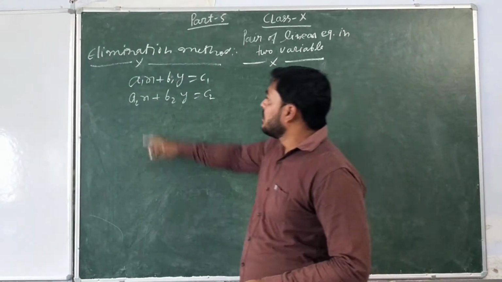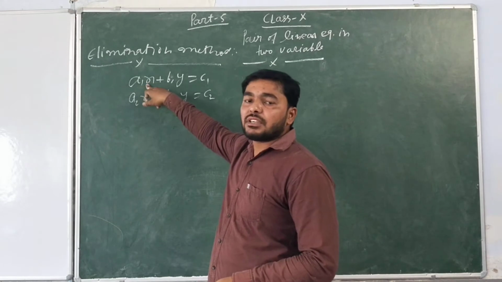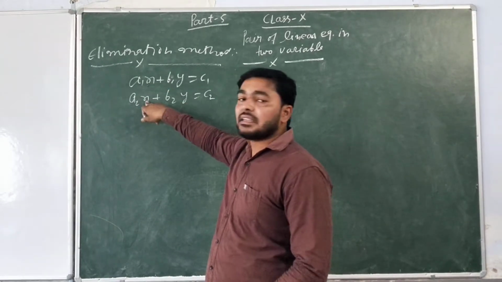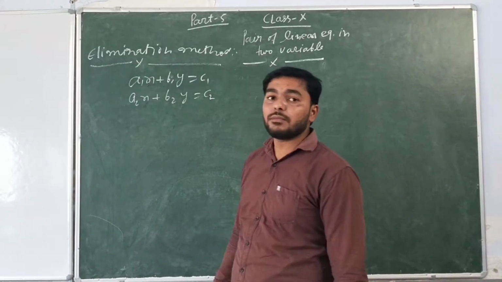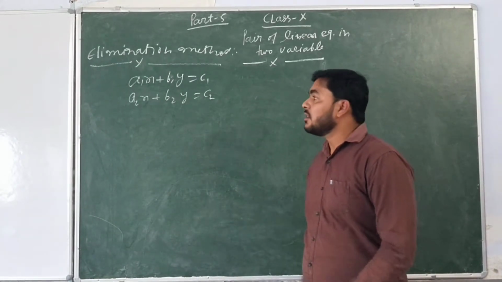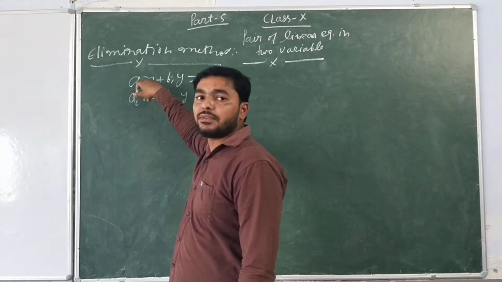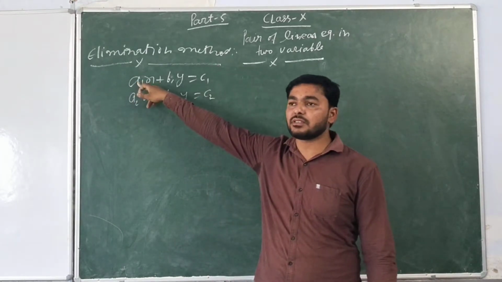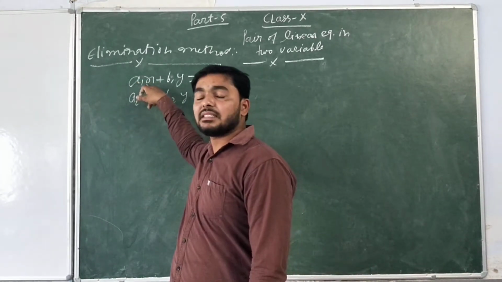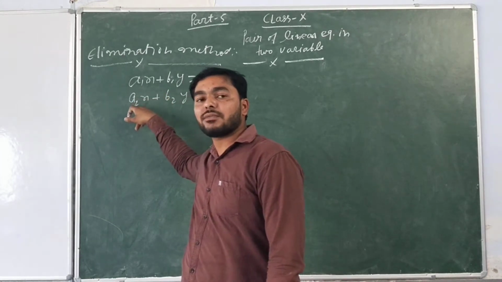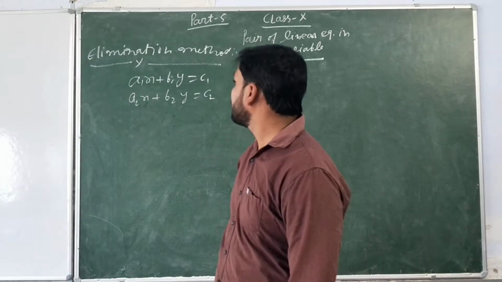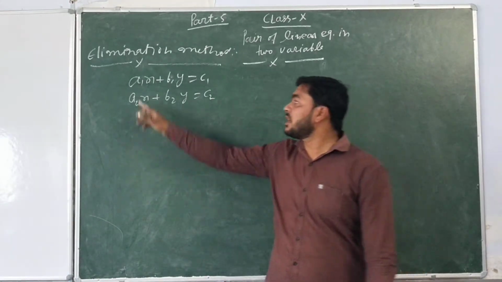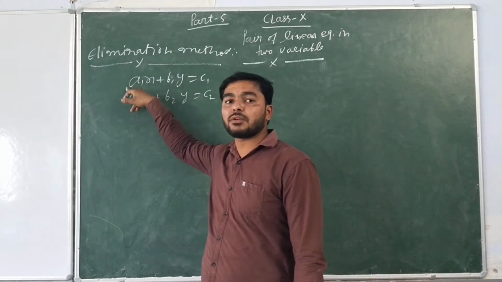In the first general linear equation, the coefficient of x is a1, and in the second the coefficient of x is a2. Now we have to make these coefficients equal in both equations. How can we make the coefficients of x the same in both equations?